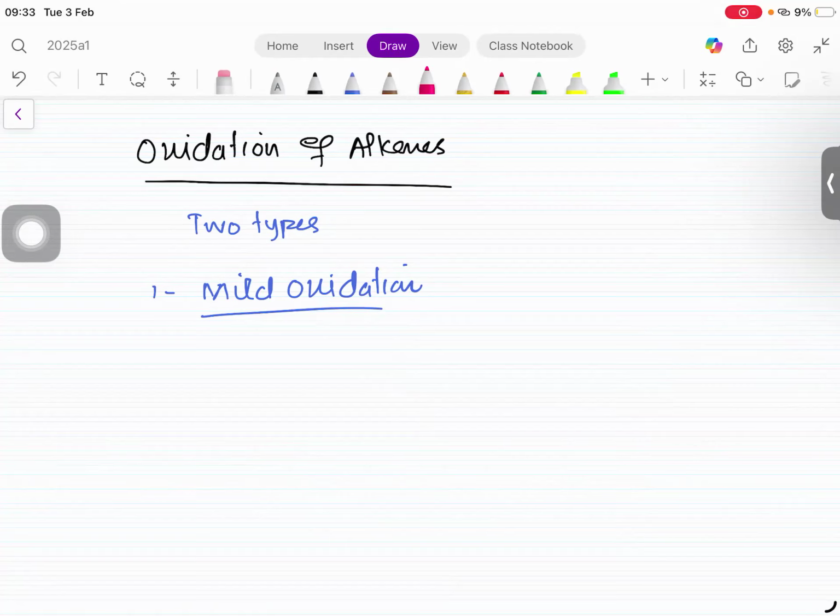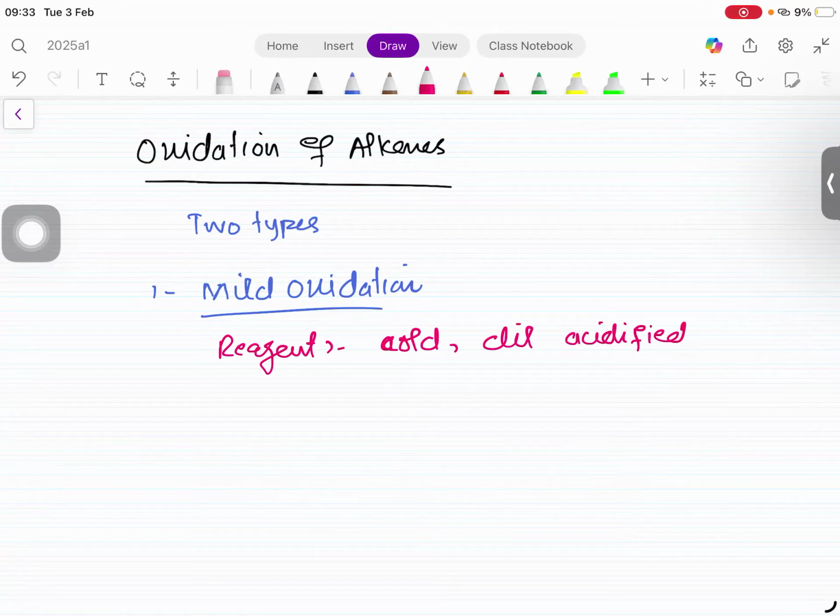The first one is the mild oxidation. When we add alkenes with cold dilute KMnO4 at room temperature, they undergo a mild oxidation, right? So the reagent is cold dilute acidified or alkaline KMnO4.